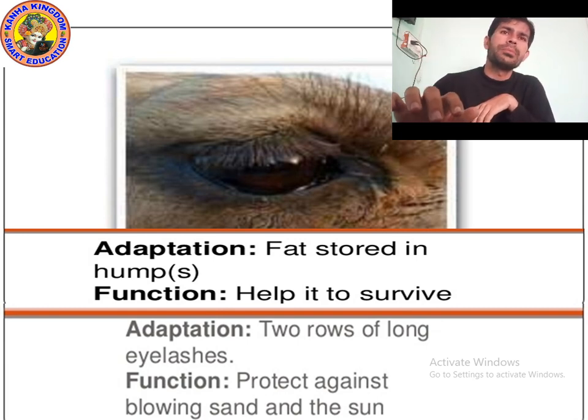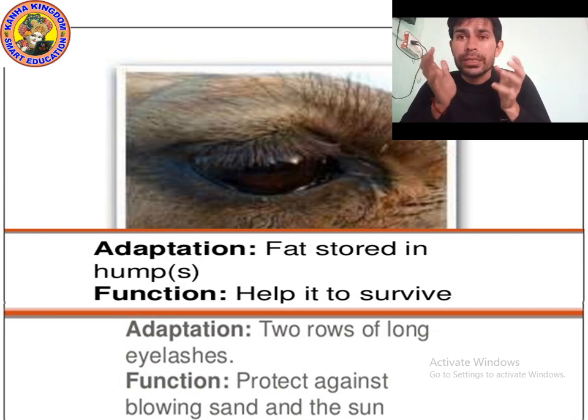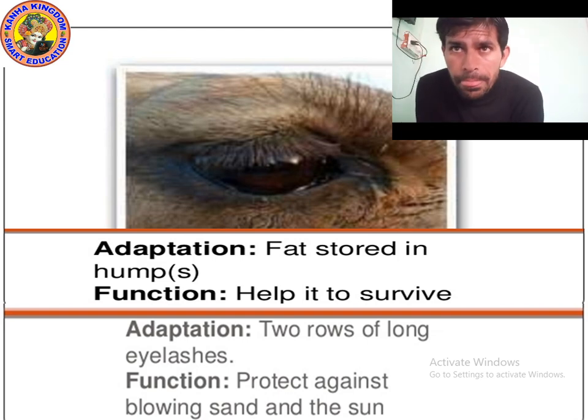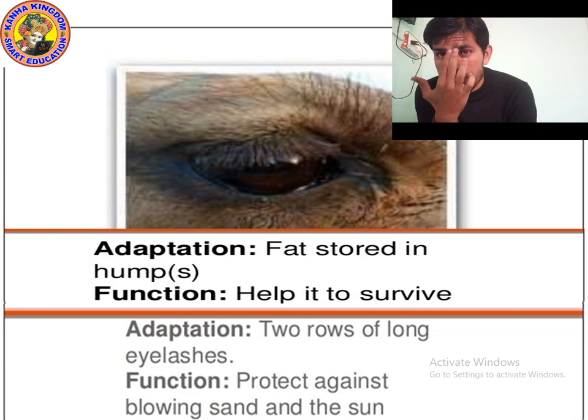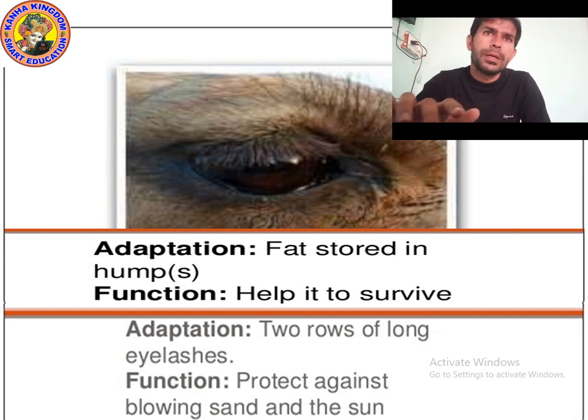There are two types of adaptation: terrestrial adaptation and aquatic adaptation. Terrestrial adaptation can be divided into three categories: desert adaptation, mountain adaptation, and grassland adaptation.